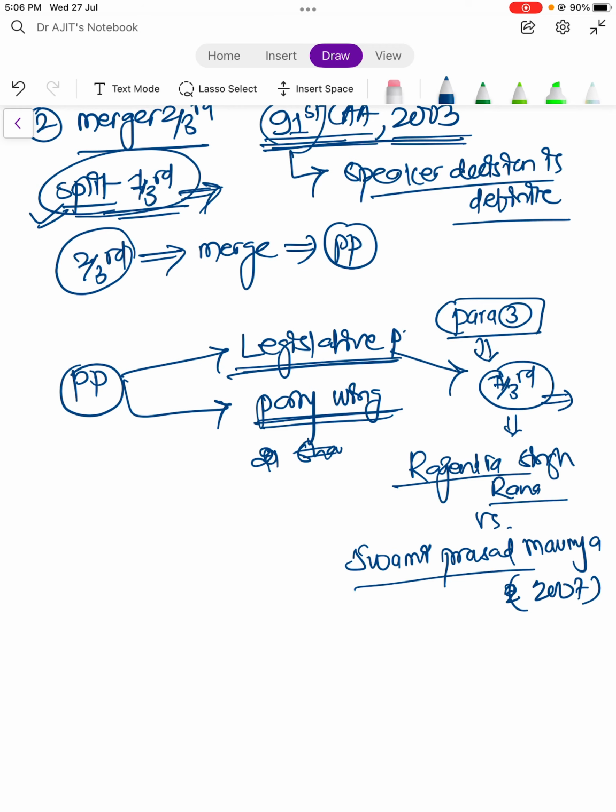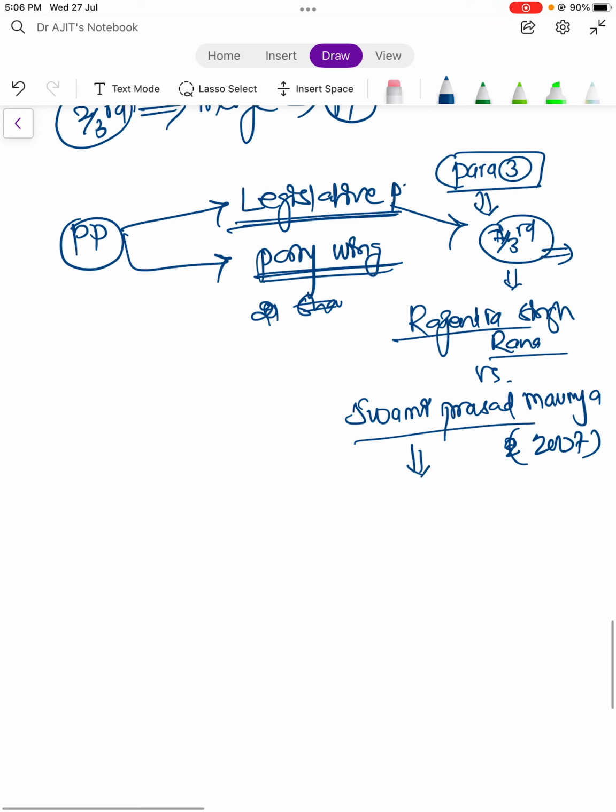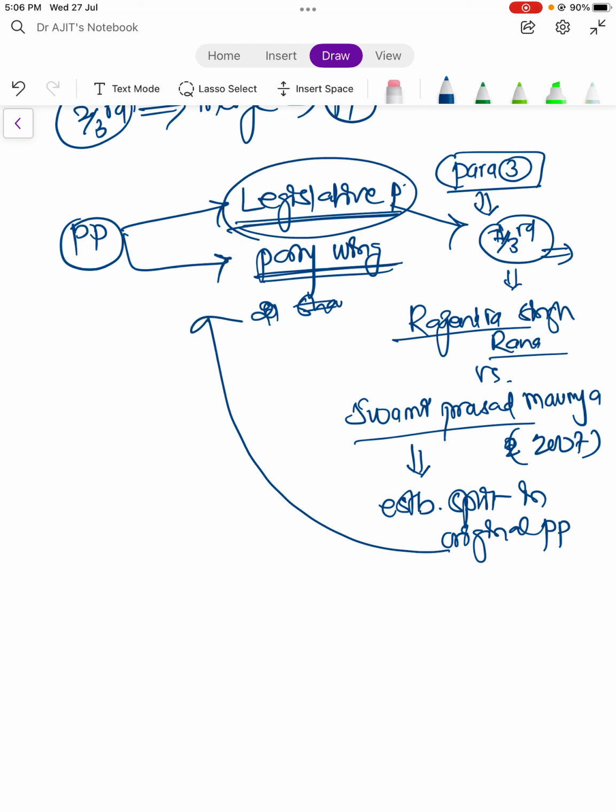In this particular case, the Supreme Court said that if you want to establish a split in the original political party, you need to prove that there is a split in both the legislative as well as the party wing. You cannot go for a split without a split in the political party. This was the case Rajendra Singh Rana versus Swami Prasad Maurya, 2007.